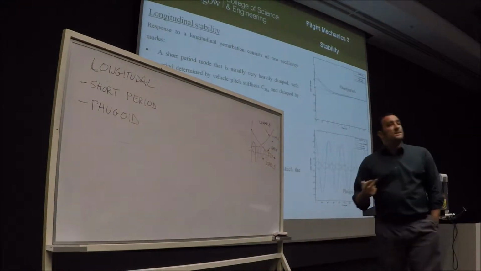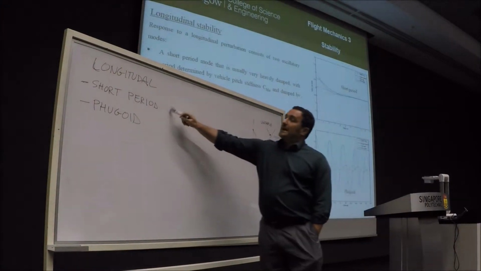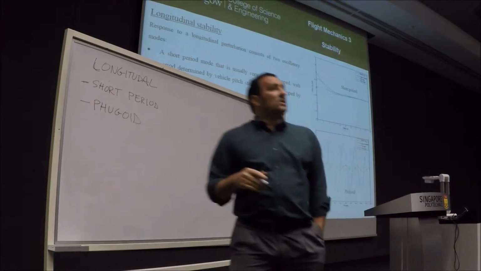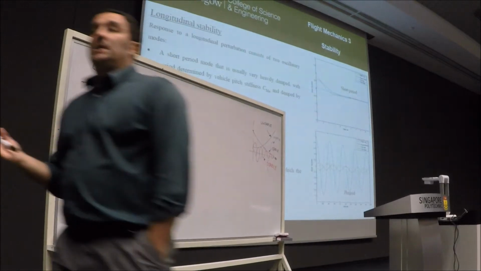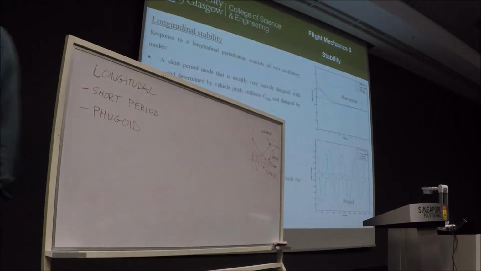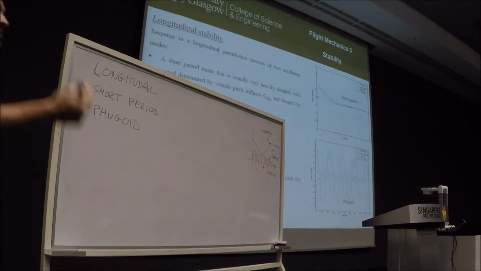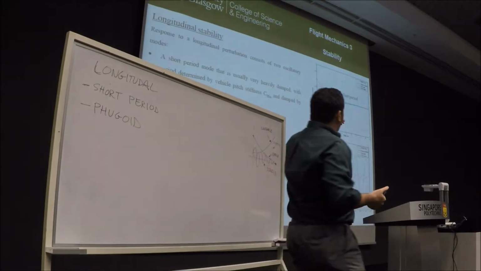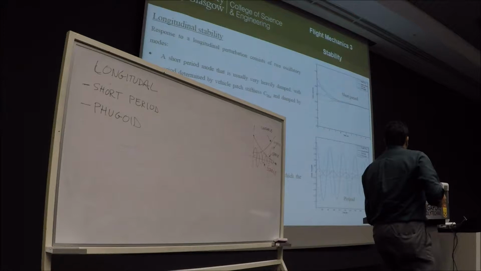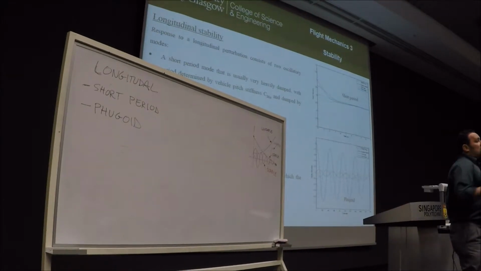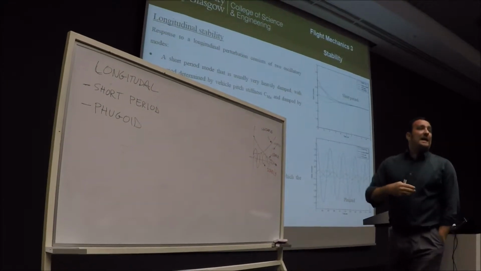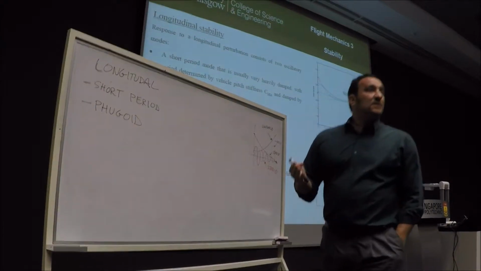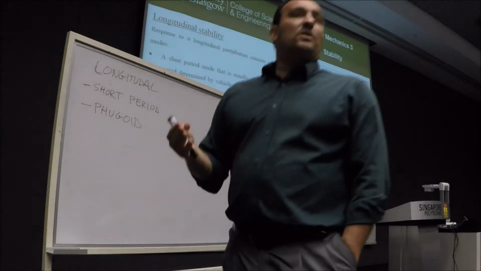these two modes? The characteristic of a short period pitch oscillation is that it is a very transient perturbation. As you can see from the top graph, the disturbances are quickly eliminated by the aircraft.